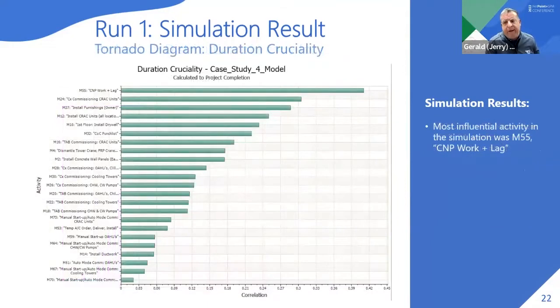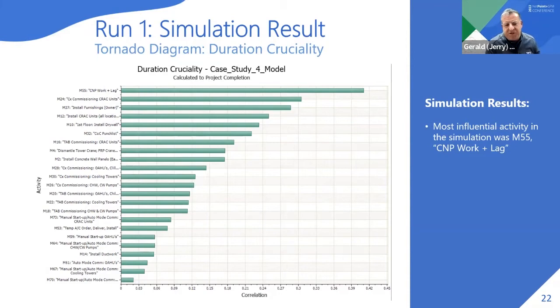One of the other outputs that they were requested to do was prepare a tornado diagram, in essence to help interpret the simulation results. We use the duration cruciality as one of the perspectives to look at in terms of the statistical outputs from the simulation.